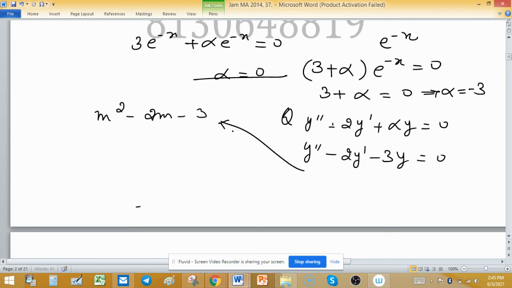Using this we have the auxiliary equation m square minus 2m minus 3, and find the solution of this. So m will be 3 and minus 1, because the difference is 2 and the product is minus 3. So the solution will be c1 e raised to the power 3x plus c2 e raised to the power minus x. That was the solution of differential equation Q.